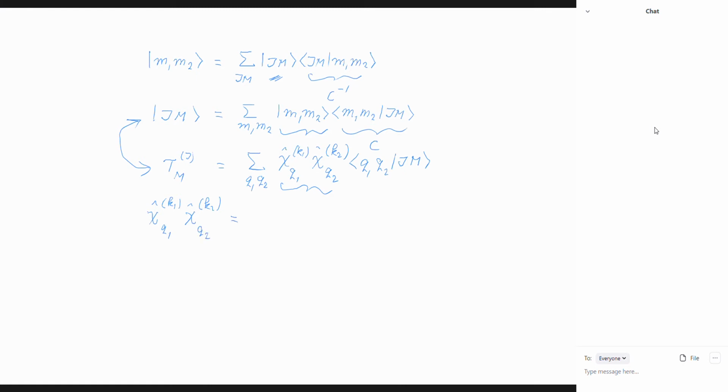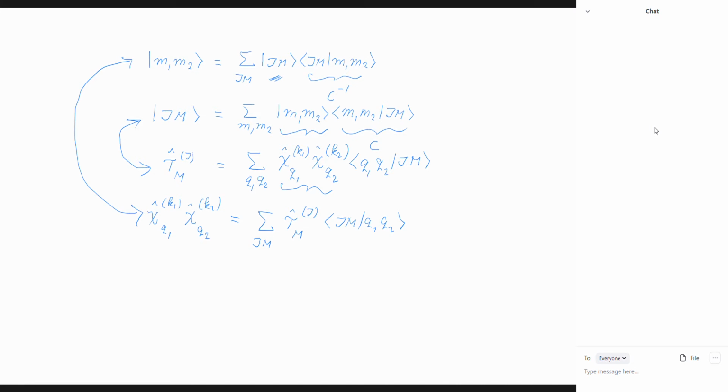We can see that this must be equal to a sum over J, M. So these are operators. This is just the analog of this one. You see that they have the same structure.